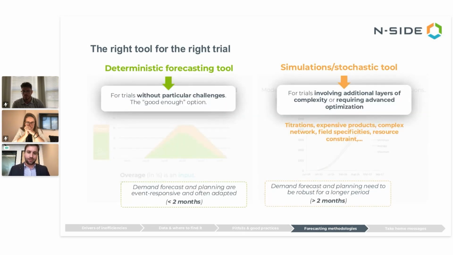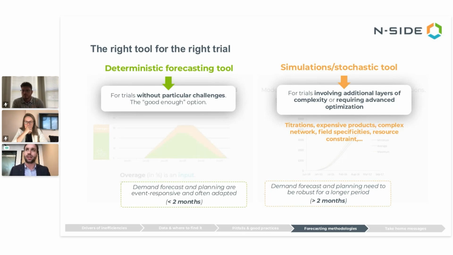At Insight, we consider that both approaches are correct, but each trial, depending on the characteristics of the trial, should use one of these two tools. The deterministic forecasting tool can be used for all the trials without particular challenges. So I'm quite sure that you have in your company some trials for which you already know how they will evolve.